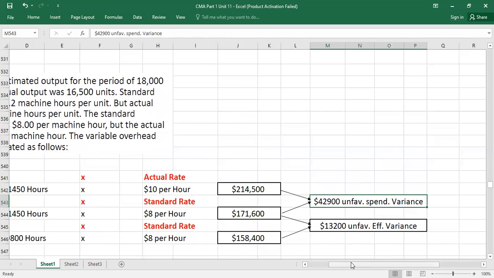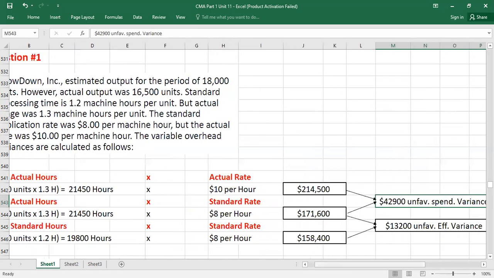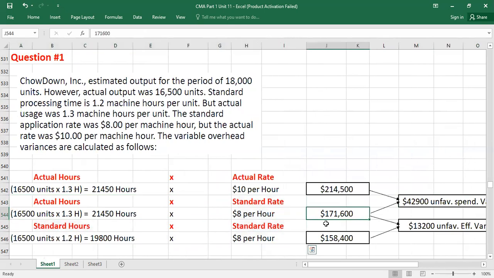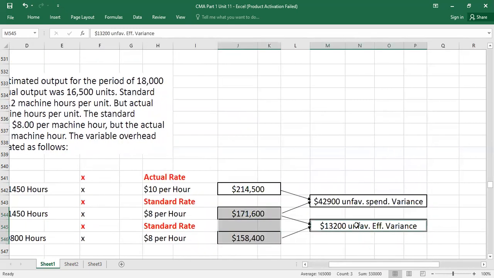But if you take the difference of the last two lines, which are actual hours times standard rate and standard hours times standard rate, this will result in the efficiency variance. Again, the rule for all cost variances is that if the first line is higher and the second is lower, this will result in unfavorable variance. But if the first line is lower and the second is higher, this will be favorable. Here the variance is unfavorable.